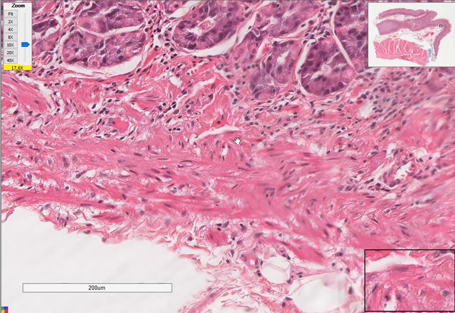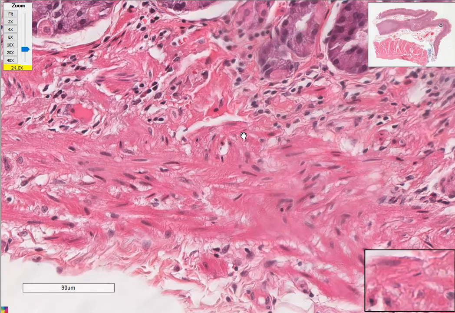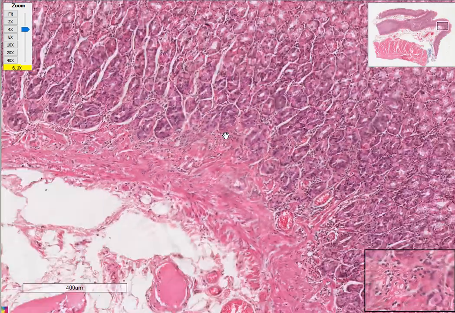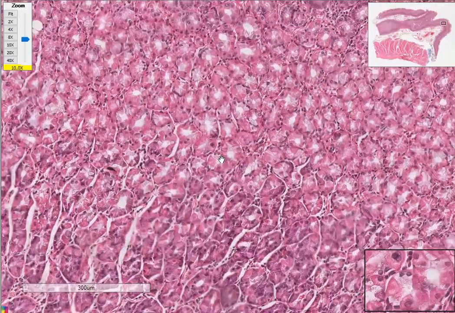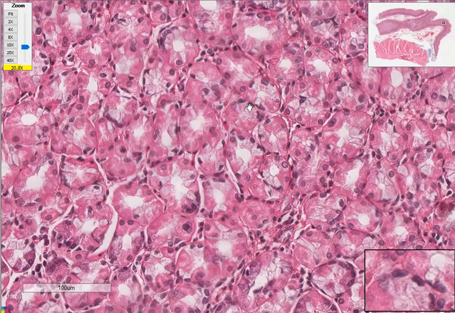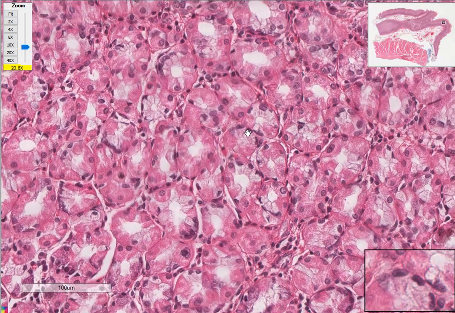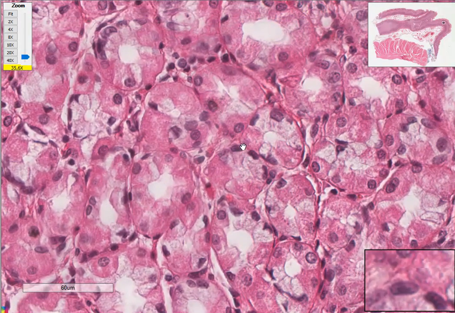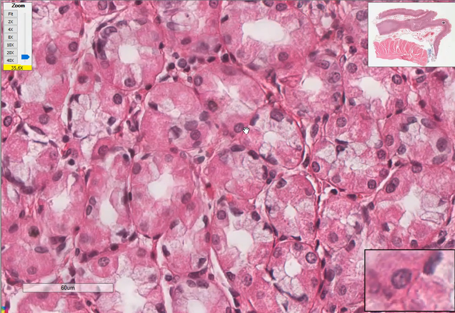Now let me highlight parietal cells for you. These are another specialized type of gastric cells. How do we identify parietal cells? They mostly have abundant pale eosinophilic cytoplasm, and sometimes they can have a fried egg appearance, like here.